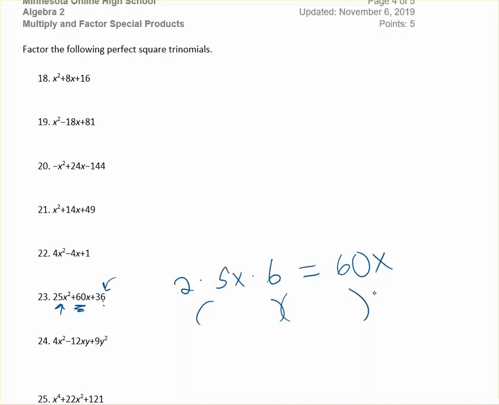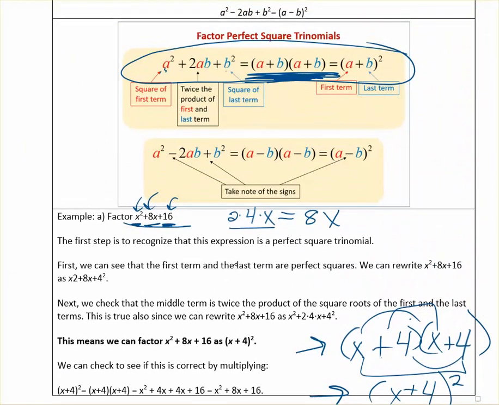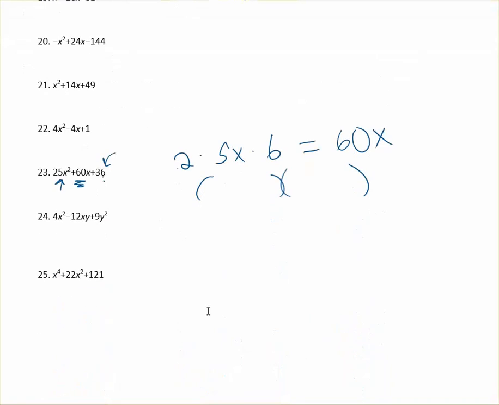That means that I can use the formula to factor this a little bit faster. So the formula says, let's go back, the formula is right here. It's pluses, so it's this one. If I have this, which I already know I do, then I can write a plus b times a plus b, or I can just write a plus b squared. My a was 5x, and my b was 6. So I can write this faster as 5x plus 6 times 5x plus 6.